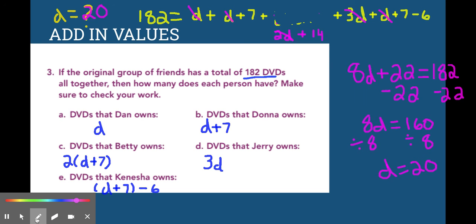That is great, because now that I know what D equals, I can plug it into each person's individual expression, and I'll be able to figure out what they get. So now let's go ahead and plug everything in for D. Well, I know that Dan has 20 because D is 20, so Dan owns 20 DVDs.